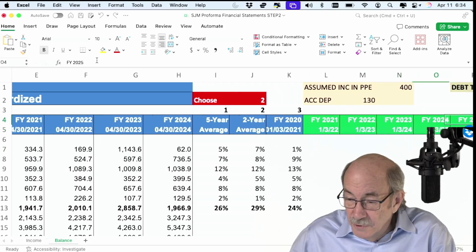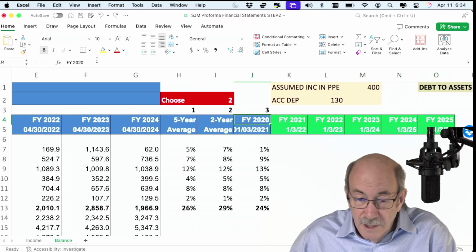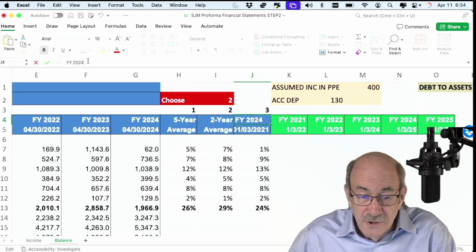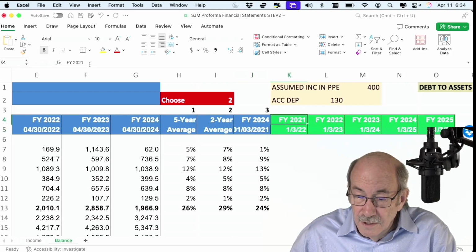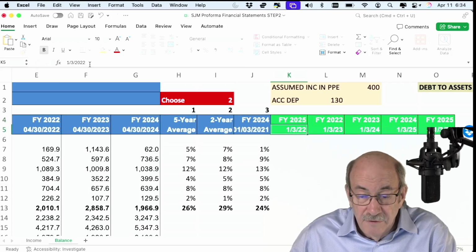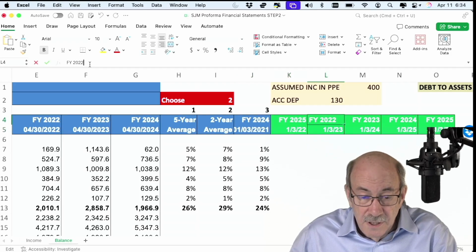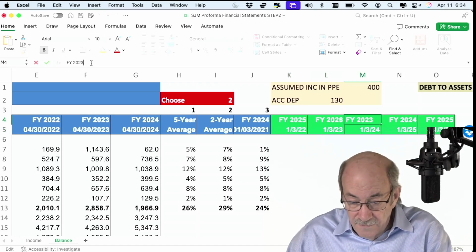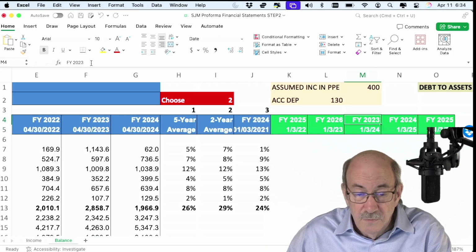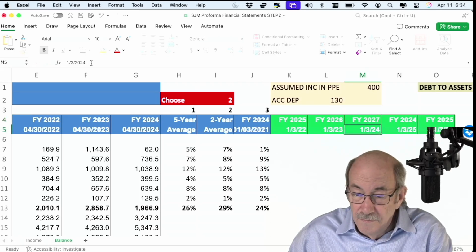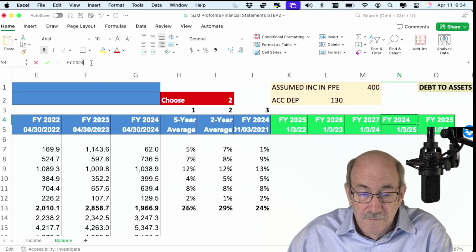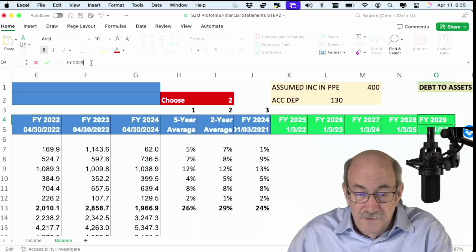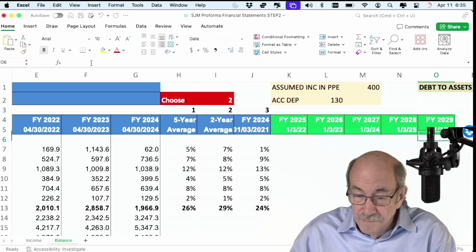I've got these mislabeled too. I'm not sure why this spreadsheet is kind of messed up. This should be 2025, 6, and 7. Oops. Sorry about that. All right.